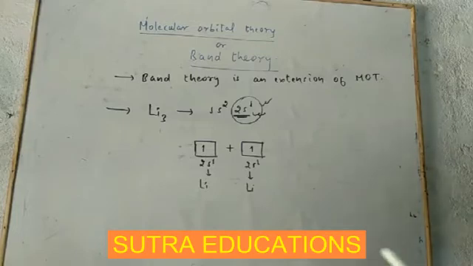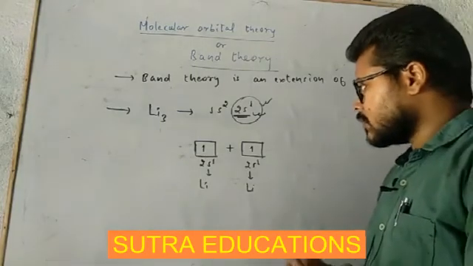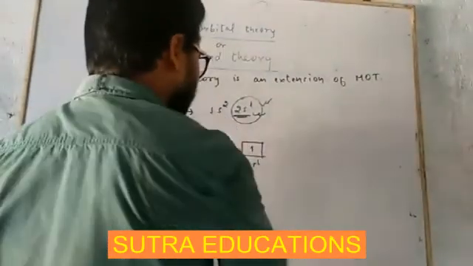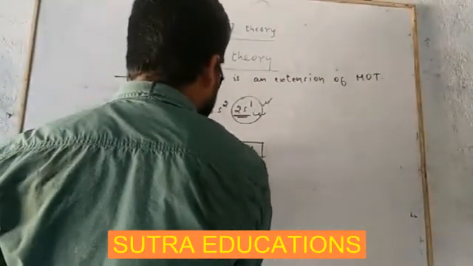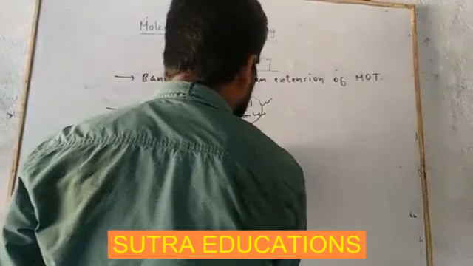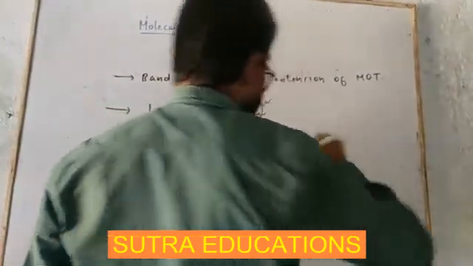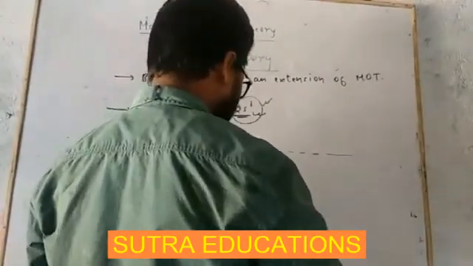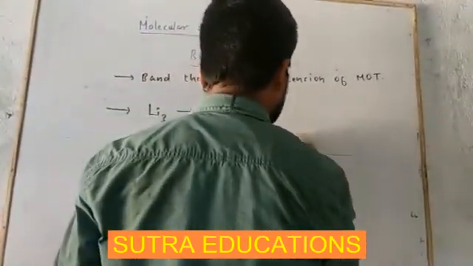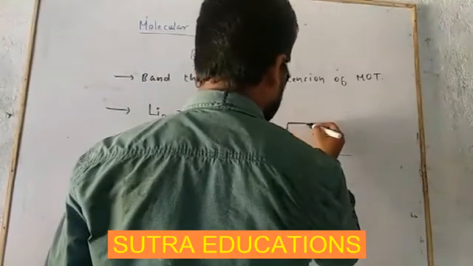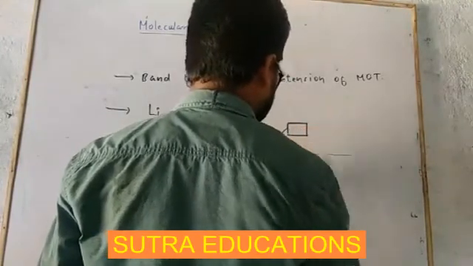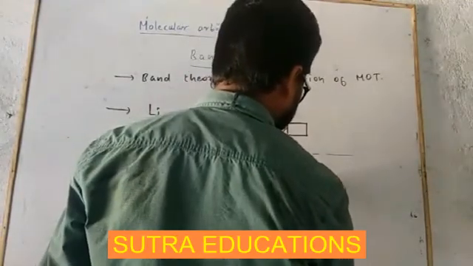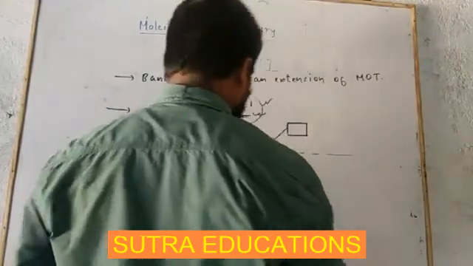So this will give birth to two molecular orbitals, one molecular orbital at a higher energy level and the other at a lower energy level.